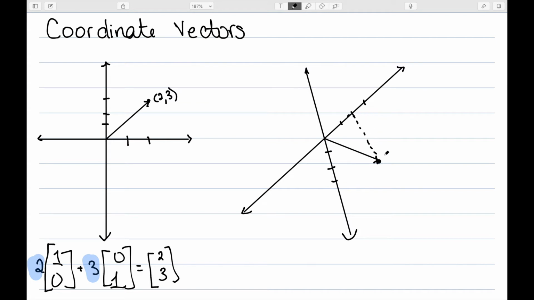So I would have a 2 and minus 3 on this vector. So this would be (2, -3), but it's not the same (2, -3) as I have on my standard graph. So the idea is, if we have a different basis for R2, we're essentially changing our axes. A new basis gives a different set of axes for the coordinate plane. So I want to look at how to deal with these different axes in my coordinate system.